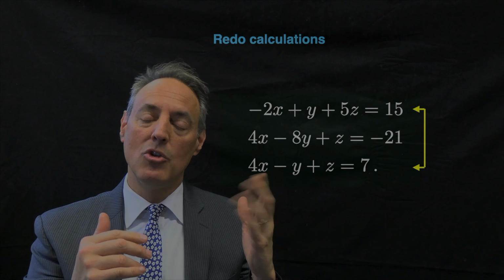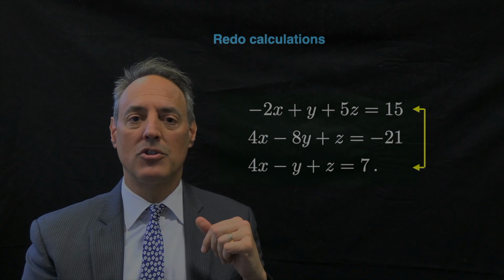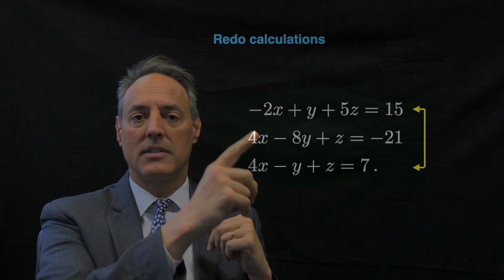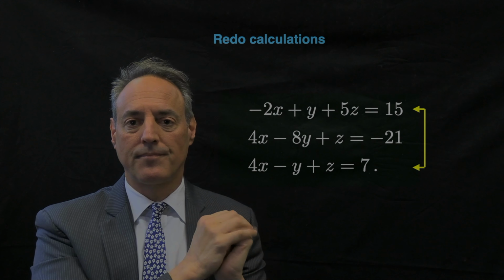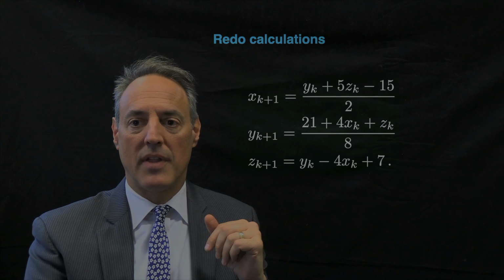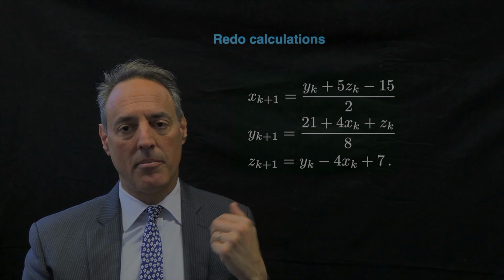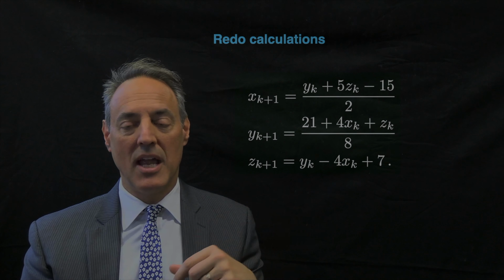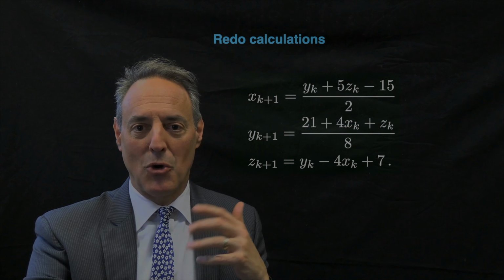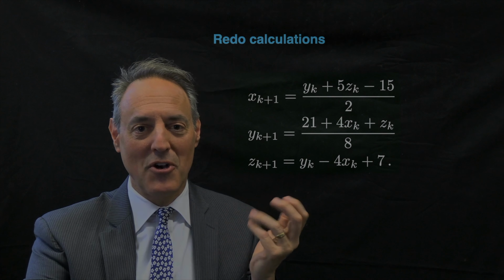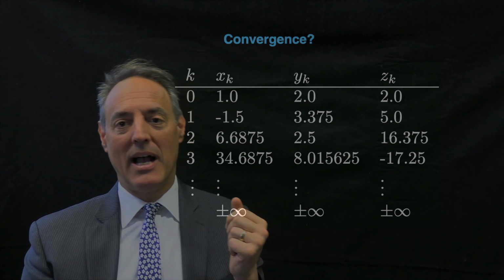But now let me make a new iteration procedure. From the first one, I'm going to solve for x, second for y, third for z. Okay? And in doing that, here's my iteration scheme that is different from before, but should have the same solution as before. So what could go wrong? Well, let's go ahead and start iterating now. And here's what happens.